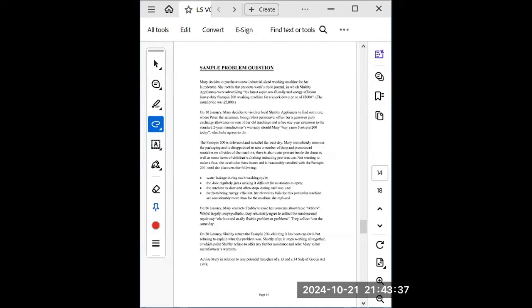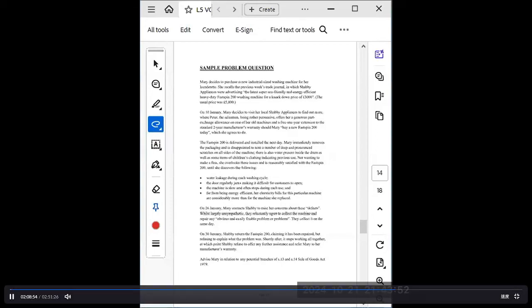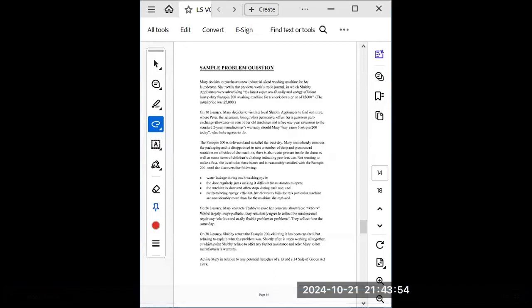Shortly after, it stops working altogether, at which point Shabby refused to offer any further assistance and refer Mary to her manufacturer's warranty. Advise Mary in relation to any potential breaches of Section 13 and 14 of the Sale of Goods Act.